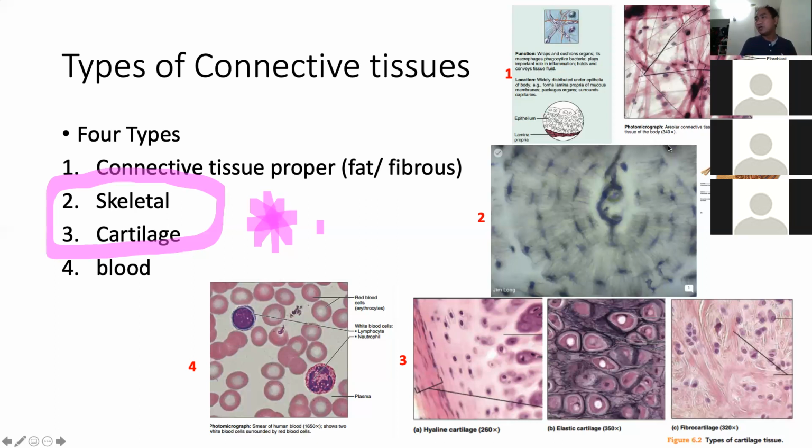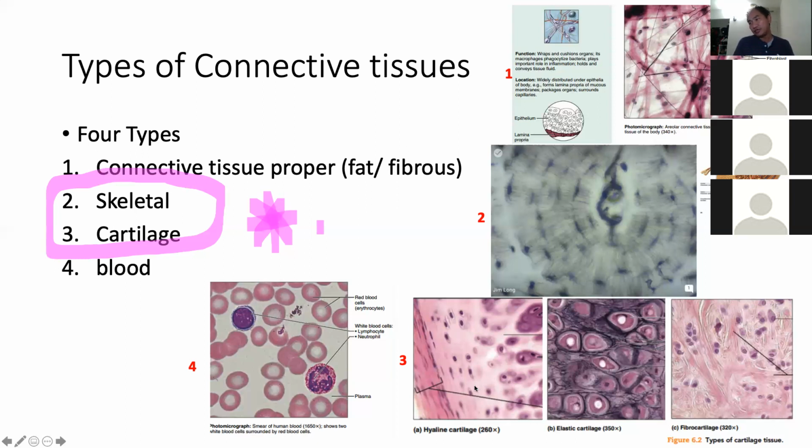The loose areolar connective tissue is a little bit like looking from the sky at nighttime to the ground, with little lights shedding here and there. These are cells, and fibers are running here and there.